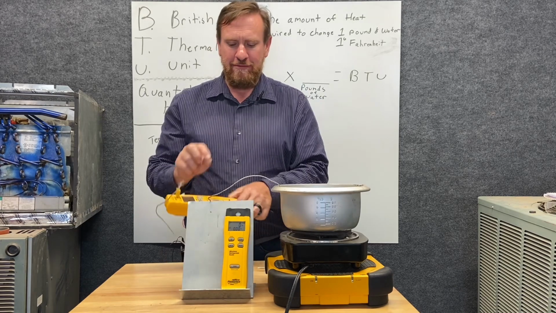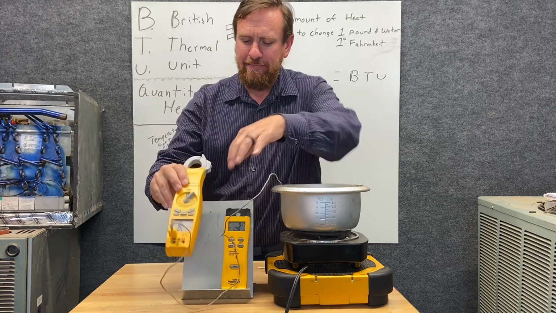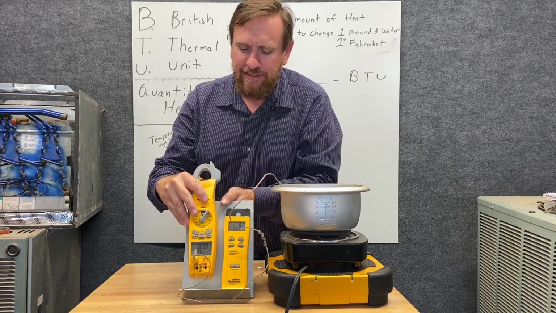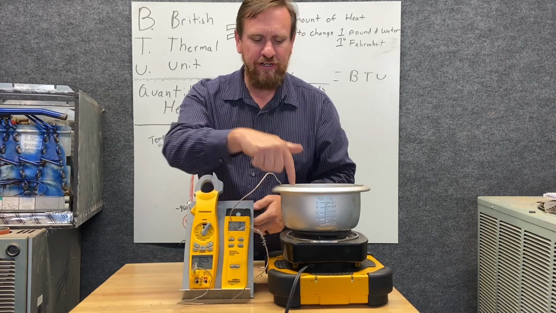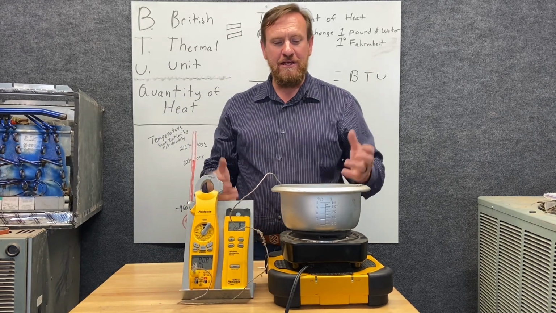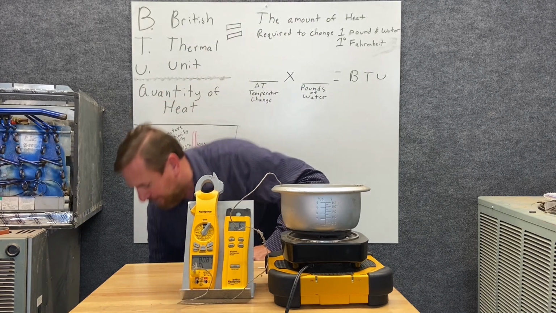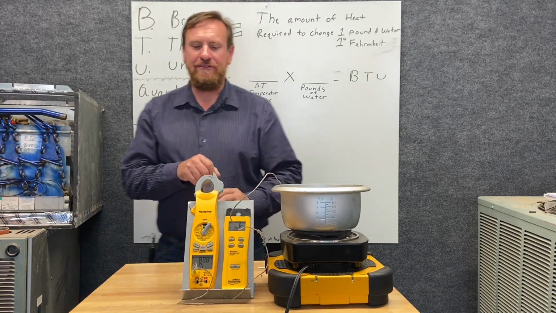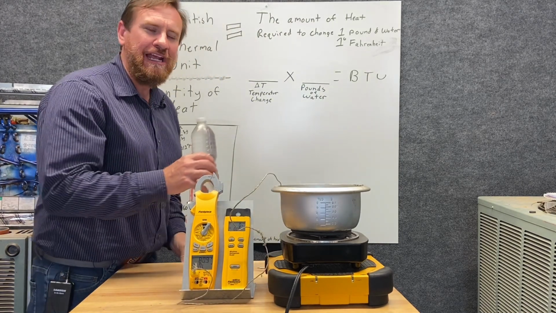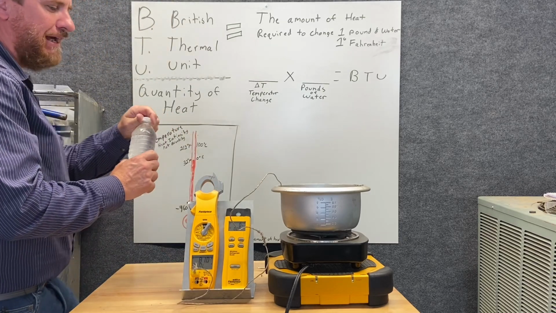I also have my thermometer taped in here. So I'm going to put this second meter on the side. And this is going to give us the temperature of what's inside of there. So now we're going to add some water to our scale until we get 1 pound, so we can actually visualize what 1 pound is going to be.